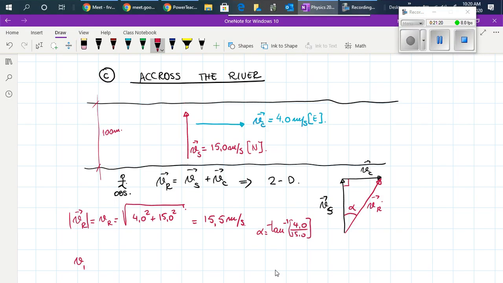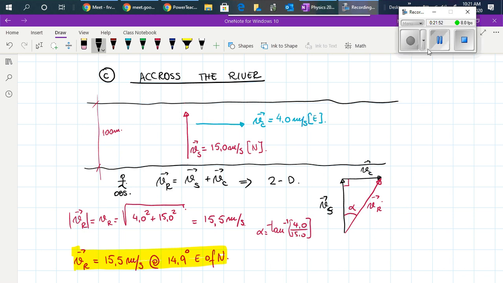You can say now that the resultant velocity is 15.5 meters per second at, we'll say 14.9, just to be more accurate, or 14.9 degrees east of north. This will be the resultant velocity. Does this make sense?